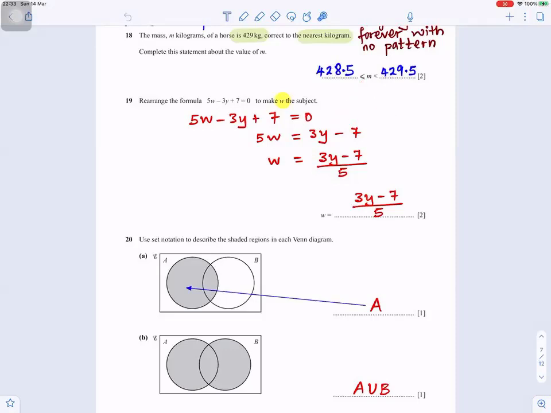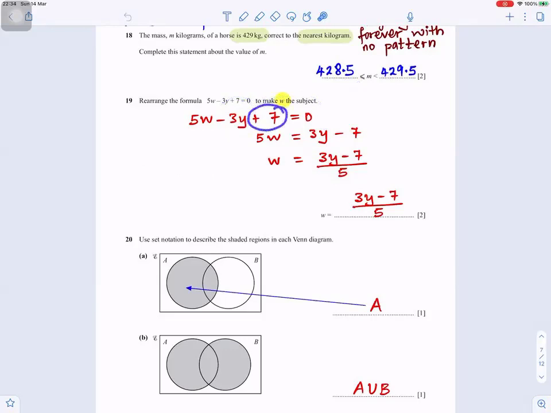That's very important. Number 19, rearrange the formula 5w minus 3y plus 7 equals 0 to make w the subject. So we want w to be on its own. So we start by removing minus 3y and removing plus 7. Imagine the minus 3y is your shoes and the 7 is like a jacket. You take minus 3y to the right, minus becomes positive, so it becomes plus 3y.